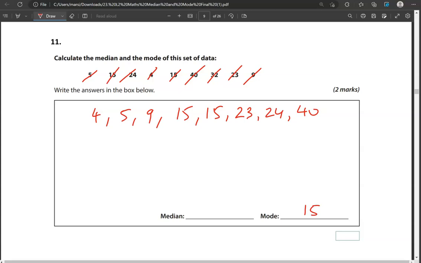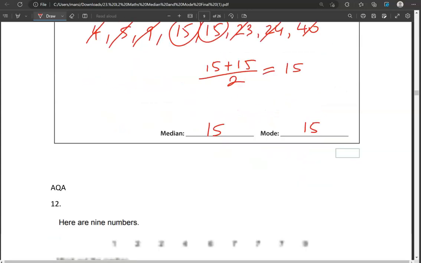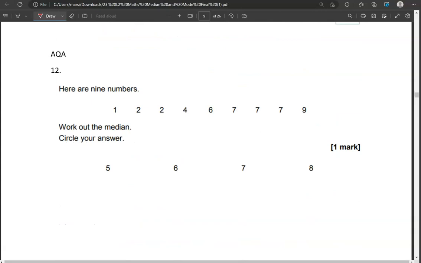And to work out the median, we'll cross out both sides, and that gives us 15 and 15. So 15 plus 15 divided by 2, that is equal to 15, because that's 30 divided by 2. So both the median and the mode are equal to 15.